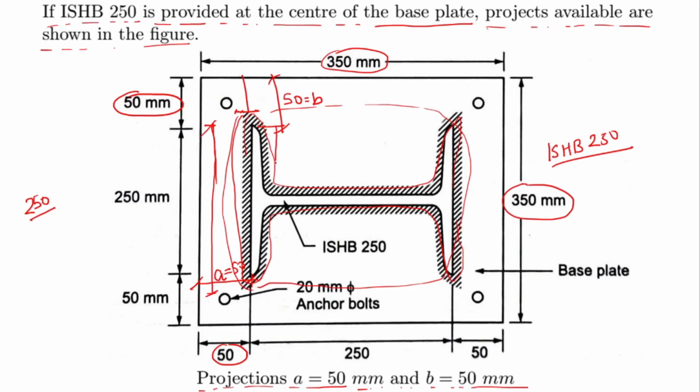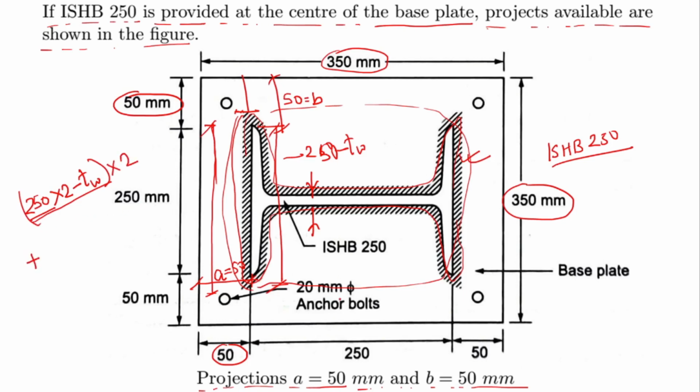On the other side also, the total length is 250, but I have to subtract the thickness of the web, tw. Therefore 250 into 2 minus thickness of the web. So this is the weld length for one flange.